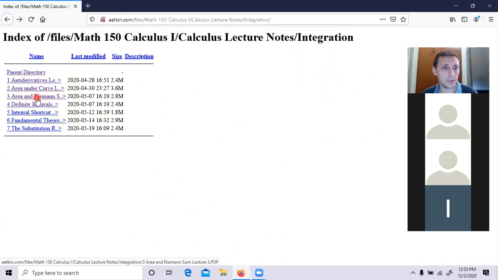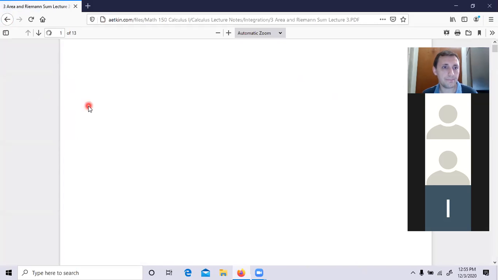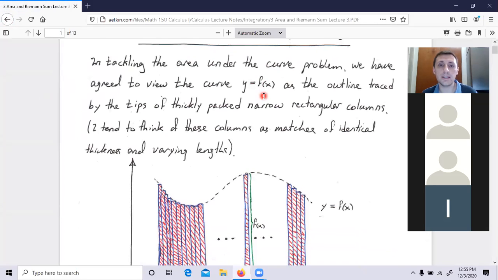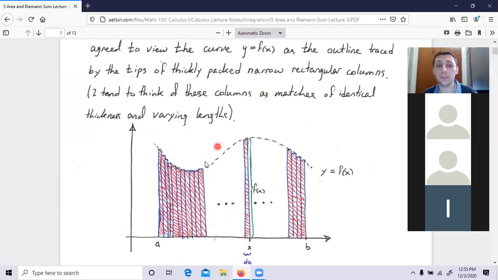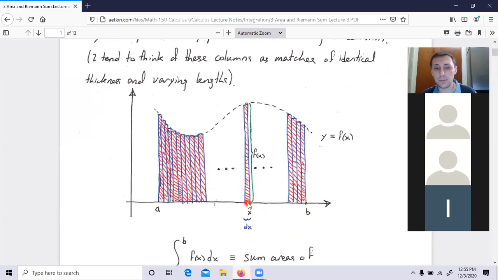Okay, now let's go to 3. Here is that idea again. Look at it. Do you see? Here is the curve, and here I placed many rectangles that are fairly thin. And the typical rectangle at position x has altitude f of x and width dx.